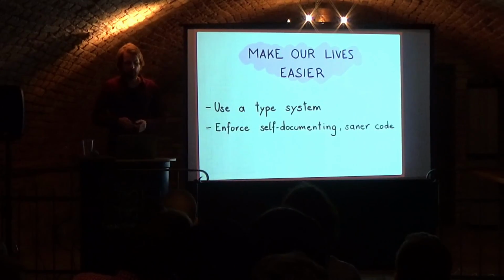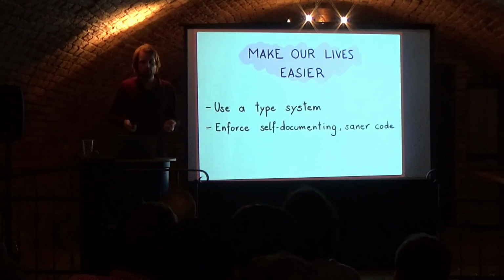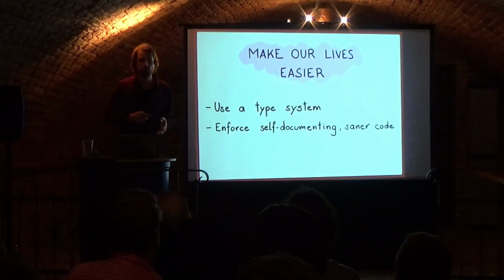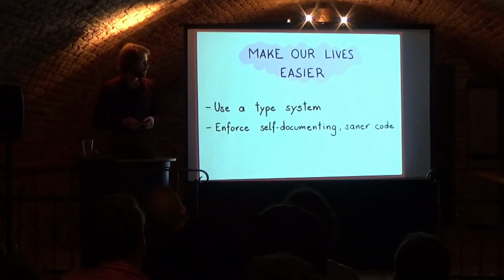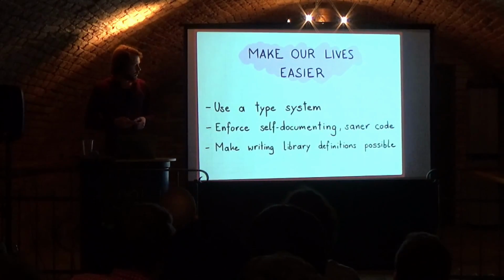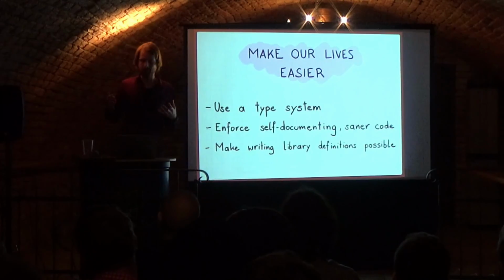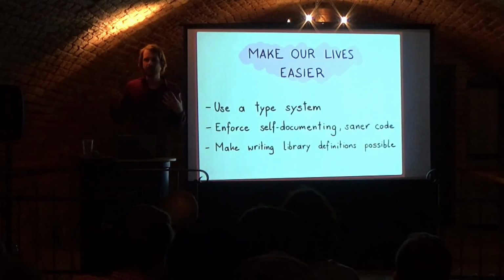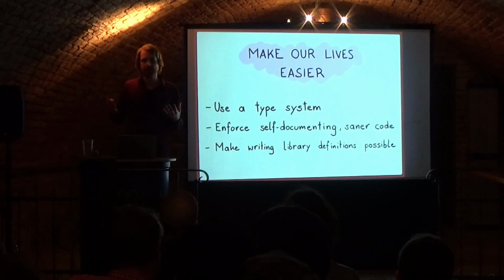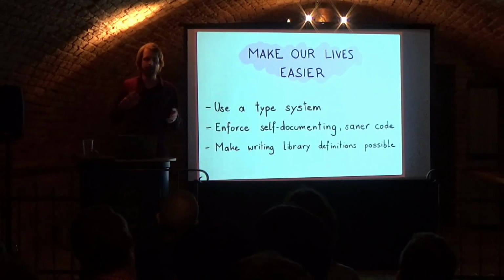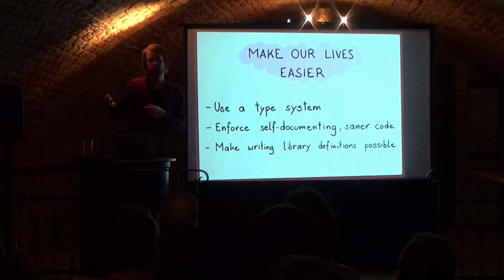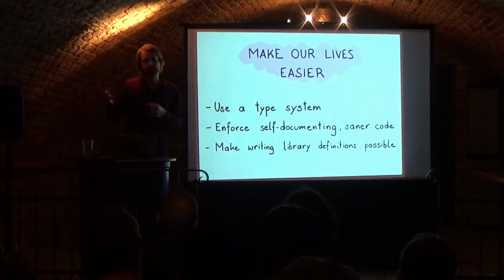We can enforce saner, self-documenting code with code completion without any JSDoc, which gets out of sync. We can make library definitions possible, because if I think about complicated libraries, as I said, a lot of people do meta-programming and they like it and it's super dynamic and super DRY, but in most cases it doesn't make any sense to mix up too many responsibilities.